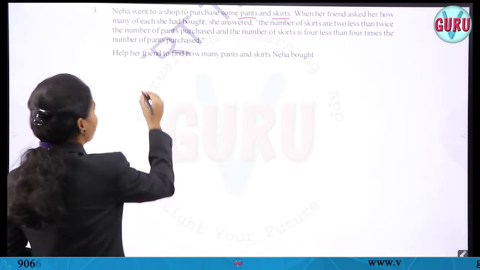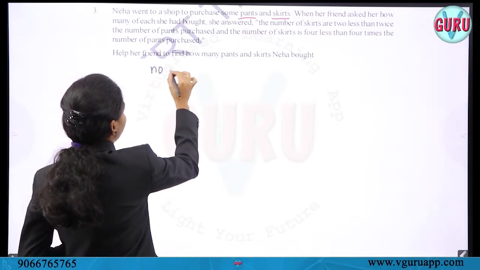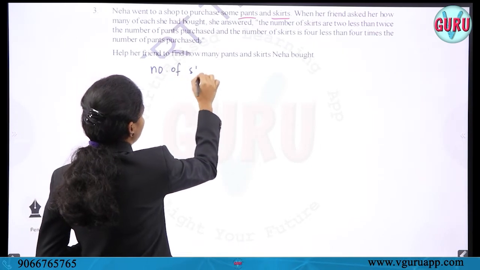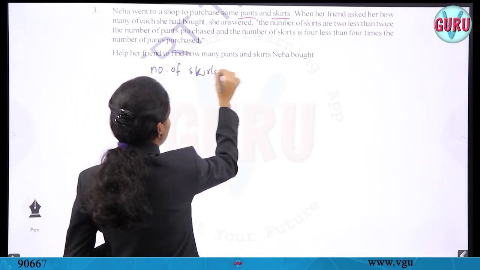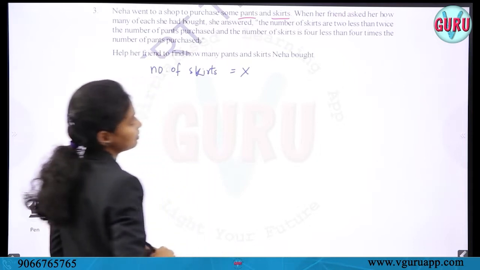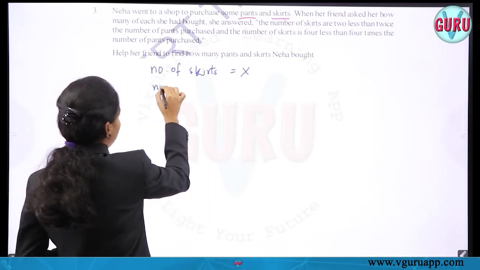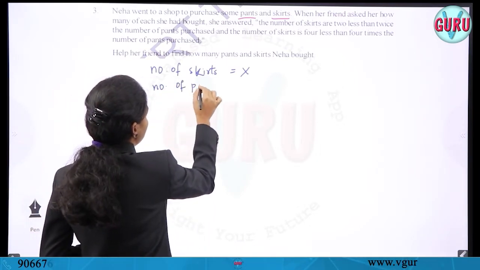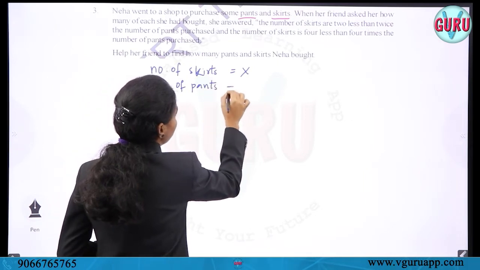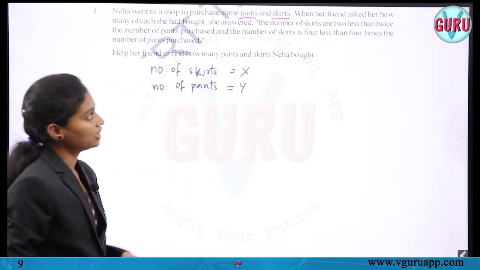So we'll take number of skirts is equals to x and number of pants is equals to y. Now read the question.